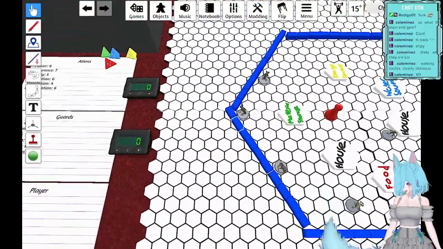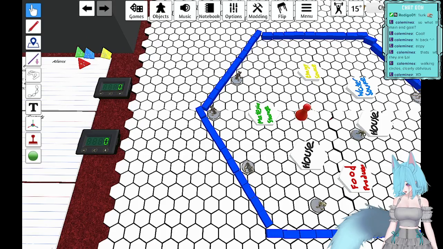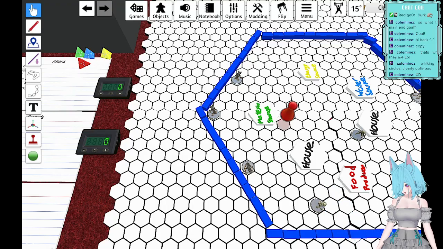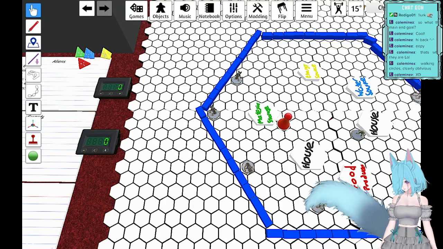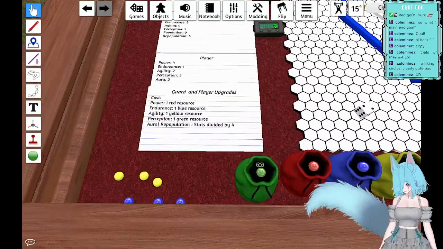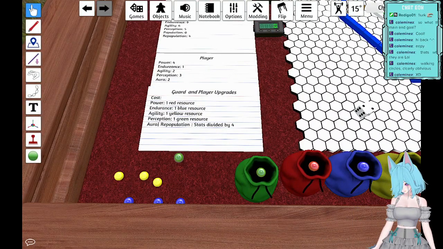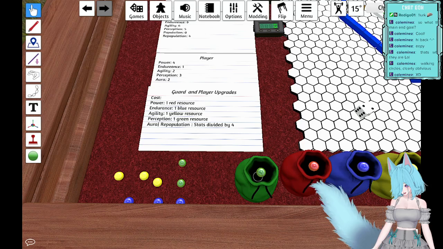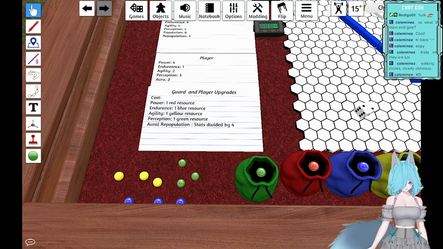But then it's our turn again. Say we go grab this material. So are we actually getting the maximum resources this time?